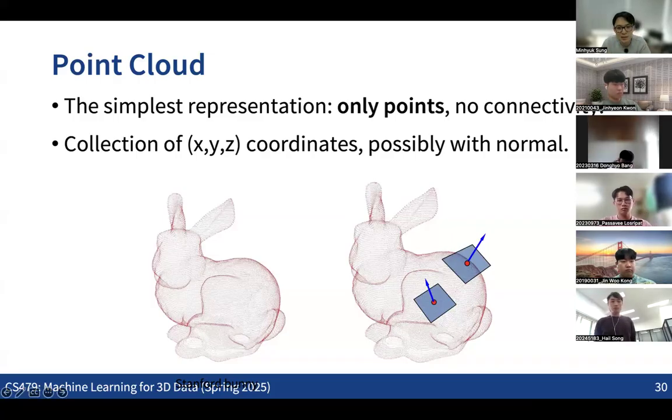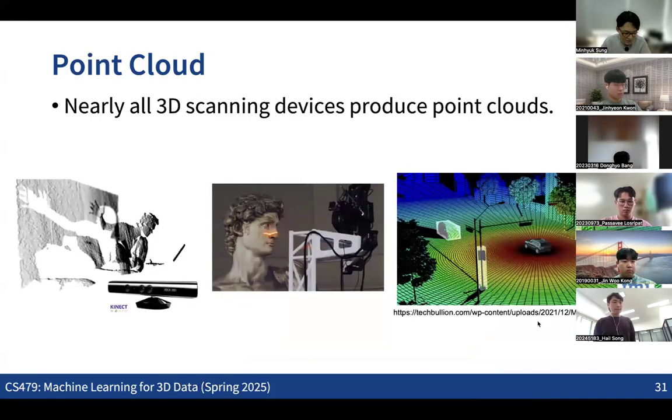This is not a newly invented representation; it has actually been used for a long time. The motivation came from 3D scanning devices. We started to see more practical 3D scanners around the year 2000.